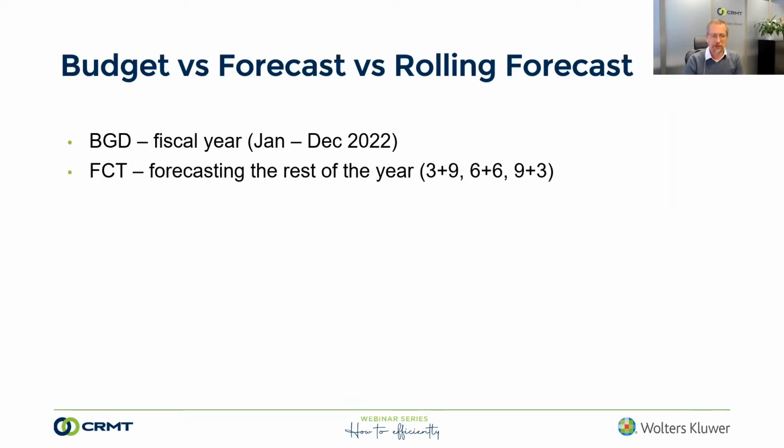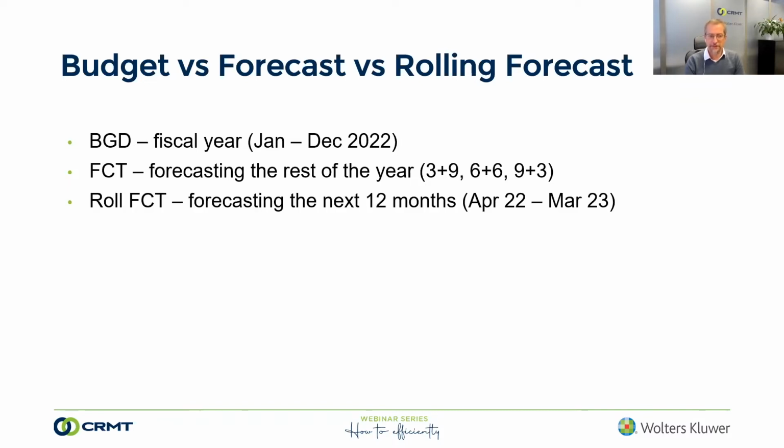When we're talking about forecasting, we are usually talking about forecasting the rest of the year. For example, 3 plus 9 means 3 months actuals plus 9 months forecast, or 6 plus 6, or 9 plus 3. This is the other term that you need to be aware of.